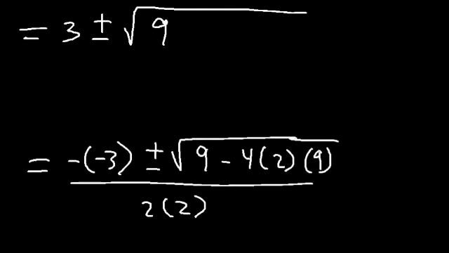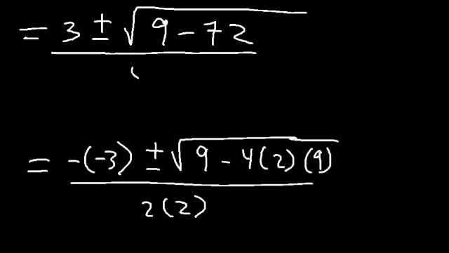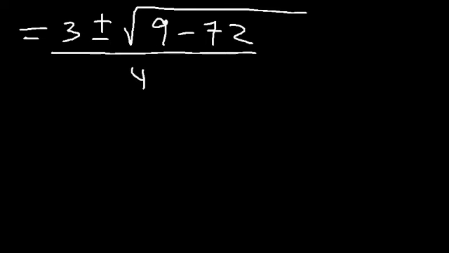4 times 2 is 8. 8 times 9 is 72. And 2 times 2 is 4. So what is 9 minus 72? 9 minus 72 is negative 63.